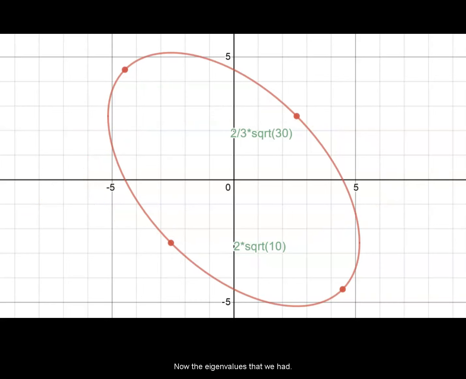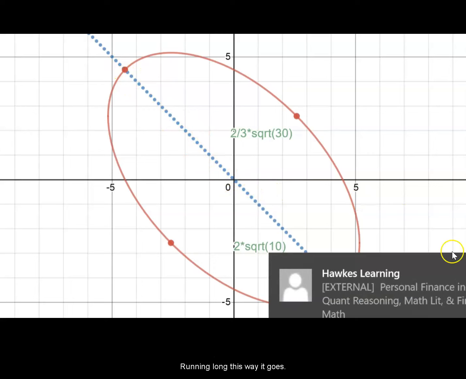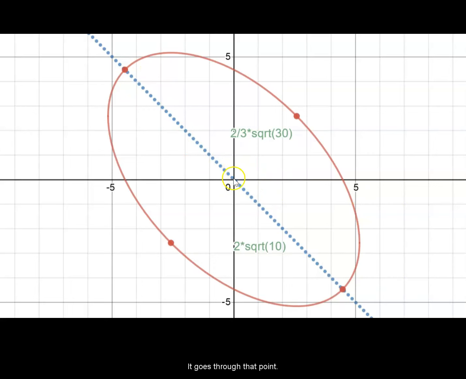Now the eigenvector that we had was negative 1, 1. If you look at the first principal axis, running along this way, it goes through that point negative 1, 1.